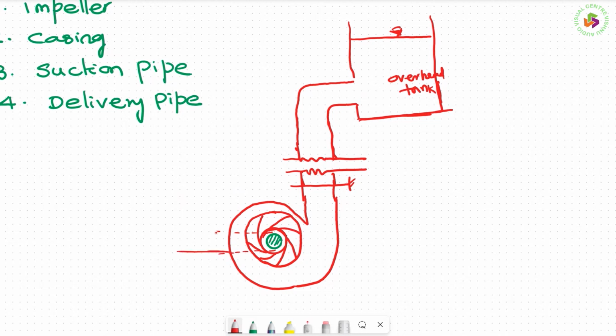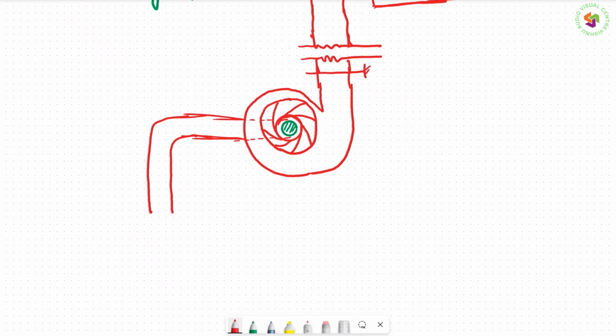From here, this is the suction pipe, and the suction pipe goes into the sump. This is where the water is stored.